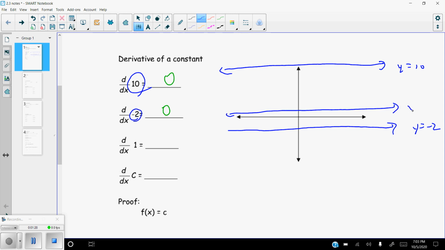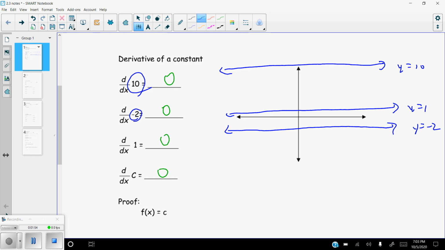I think you get the idea. The slope is 0. So what we can say is that the derivative of any constant, c, is 0. That's it. The derivative of any constant is 0, because a constant as a function is literally a horizontal line.